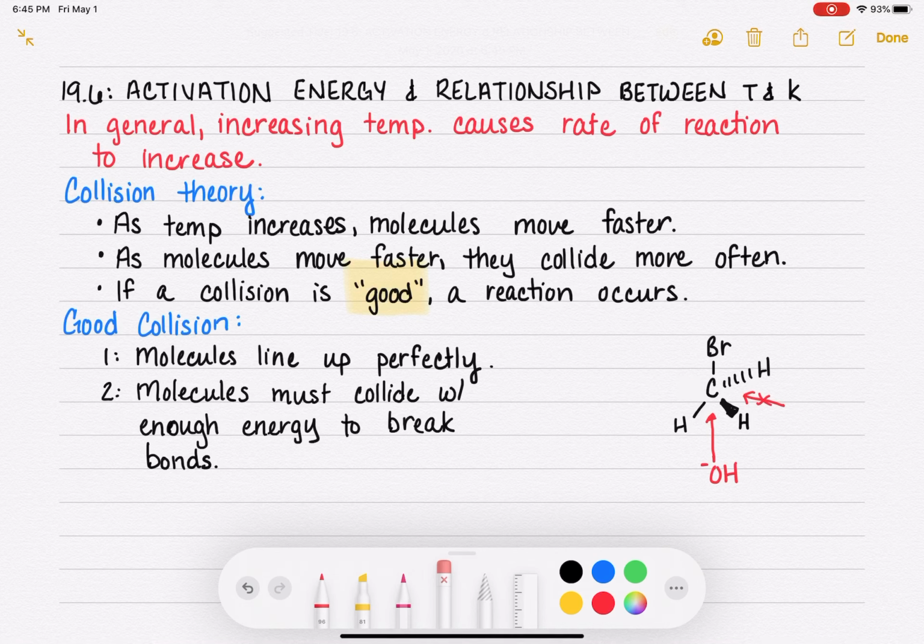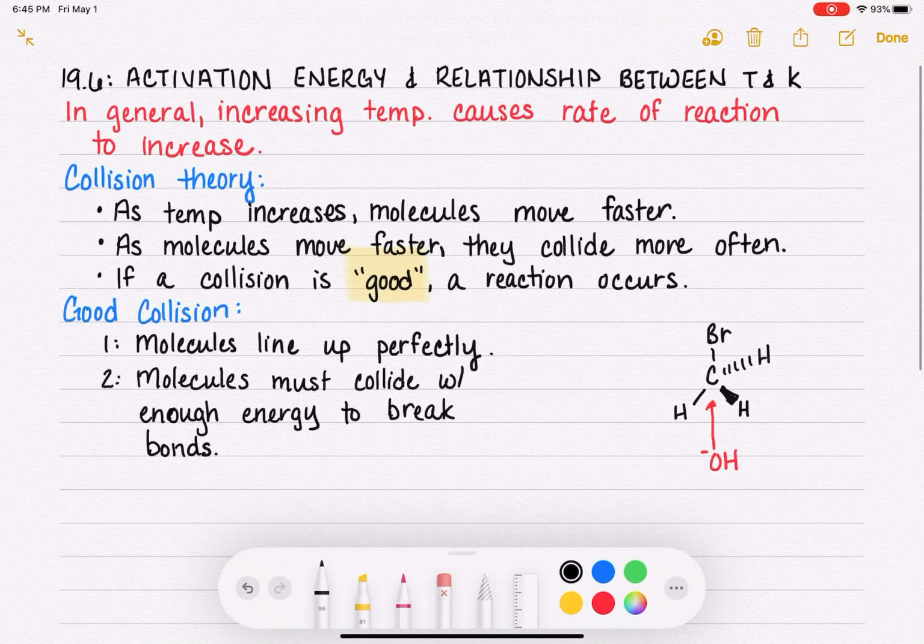So the alignment is very important. And when it lines up perfectly, then if it has brought enough force with it to break that carbon-bromine bond, a reaction will actually occur. If you think about it, it's kind of a miracle that any reactions take place at all, because things have to be really perfect for any kind of chemistry to take place.